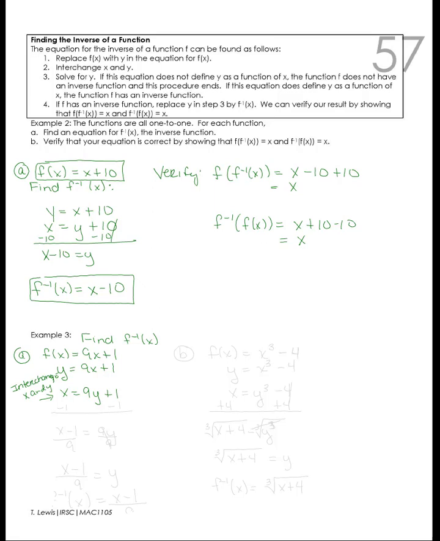So to solve for y, we do what? Help me out here. Subtract 1. So we have x minus 1 is equal to 9y, and then what's the last step? Divide by 9. And we have x minus 1 over 9 is equal to y.